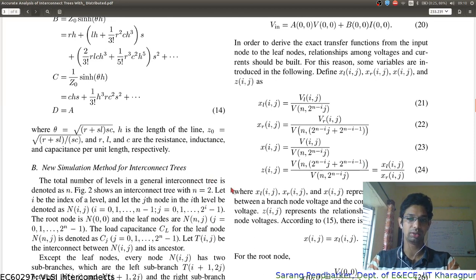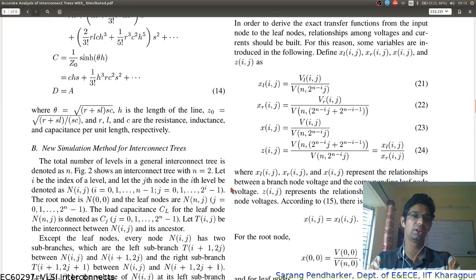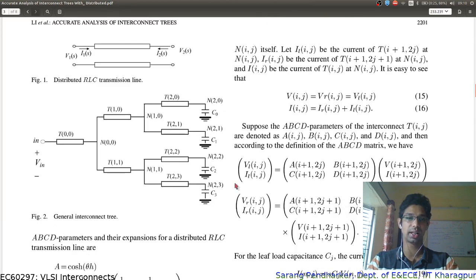Now the novel part here is that they are proposing a new simulation method for RLC interconnect trees. So if there is a tree like this, they are giving a method of how to compute the transfer function from this point to this point. So basically, for each of these nodes, there can be two branches.